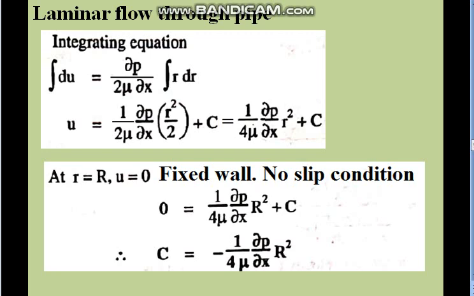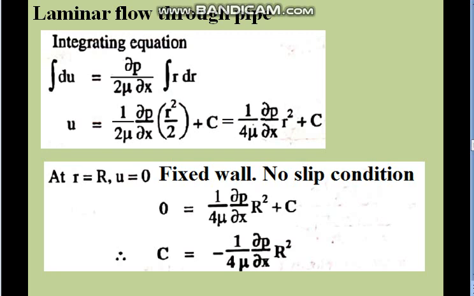So what we do, we take the integration. After taking the integration, I get 1 by 2 mu del p by del x into r square by 2 plus c. What is c? c is the constant of integration. So how do we find this constant of integration? By applying the boundary condition.